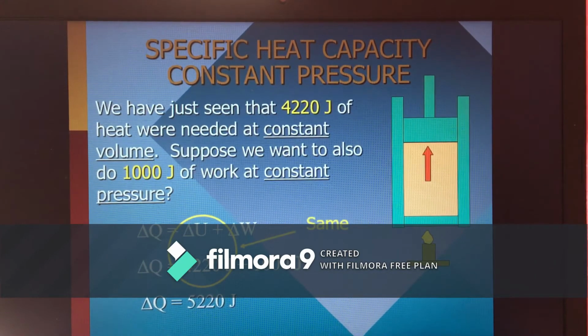The change of internal energy, 4,220 joules, is just the same.